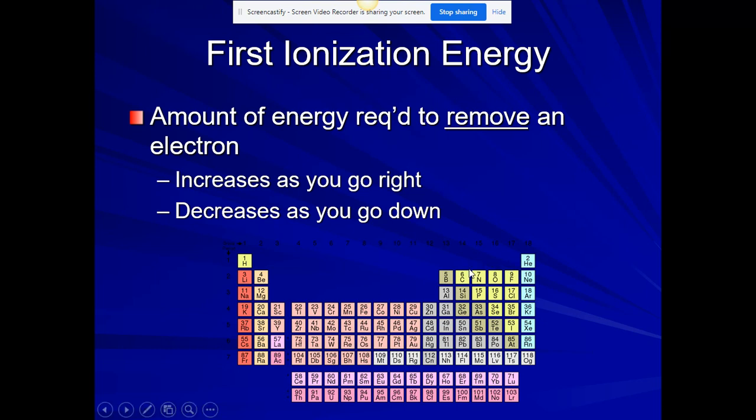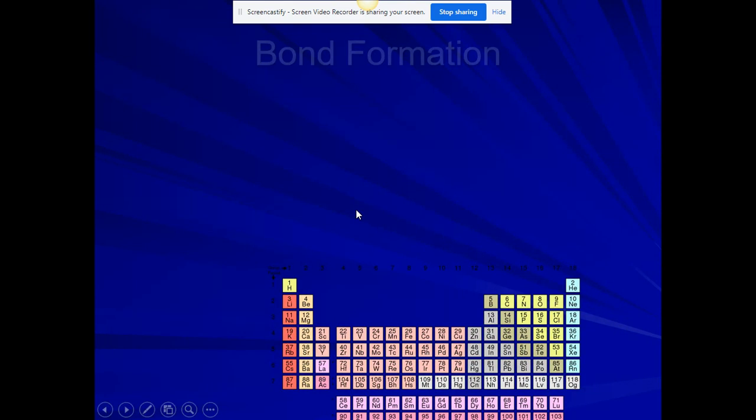So the amount of energy required to remove an electron, when you've got more kids out there partying around, it's going to be really easy to get rid of those. And that's how I think about first ionization energy. The more electrons, it's pretty easy to lose those. When we only have a couple in the first place, then it takes a lot. So that's why it decreases as you go down the periodic table.